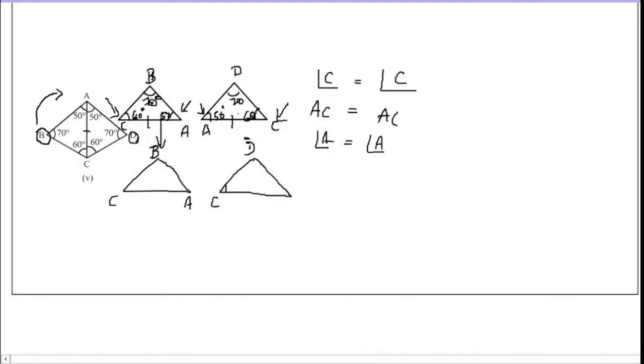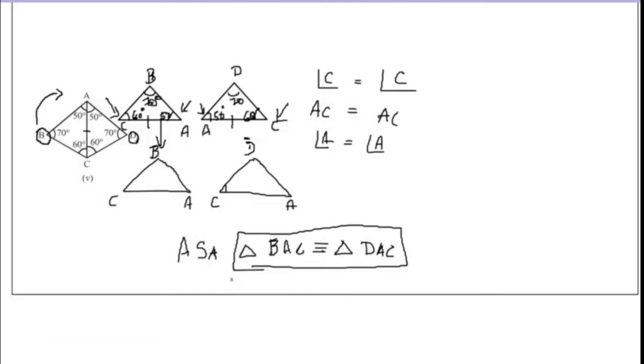So we have flipped this triangle and this becomes CA. So now writing, which is the property that we have done here? It's ASA, angle, side, angle. Now what are the names of the triangles? Let's start from the top. BAC. Triangle BAC is congruent to triangle DAC. So this order here is really important.